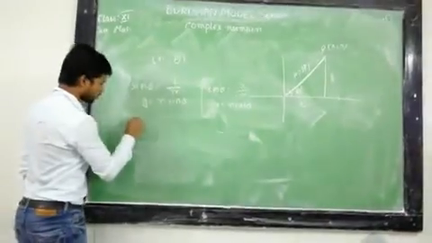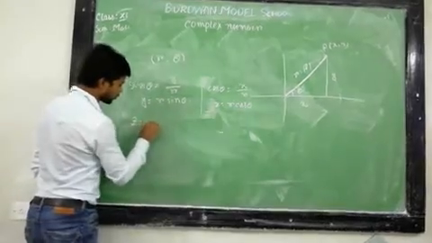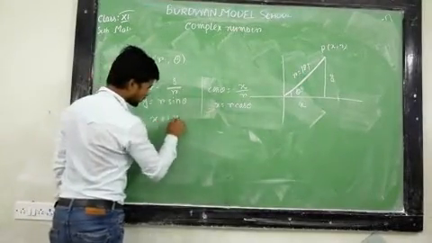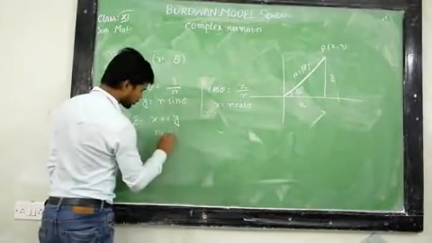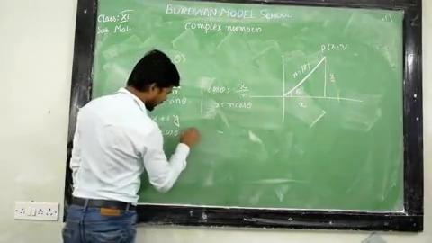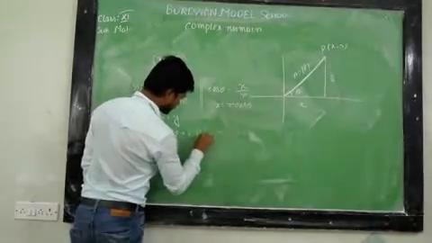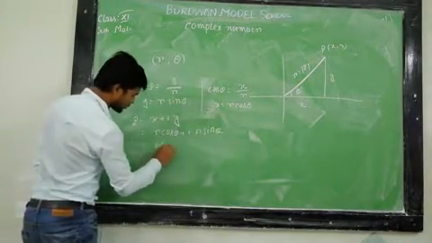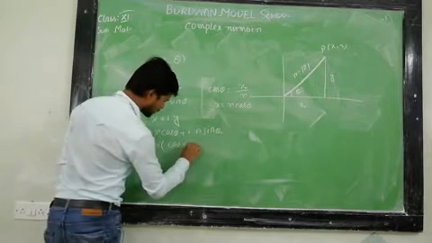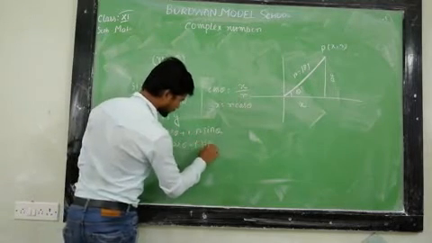Therefore, we know that the complex number is P equal to x plus iy. That means put the value of x, so r cos theta plus iota into r sin theta. If we take r common, it will be r times cos theta plus i sin theta.